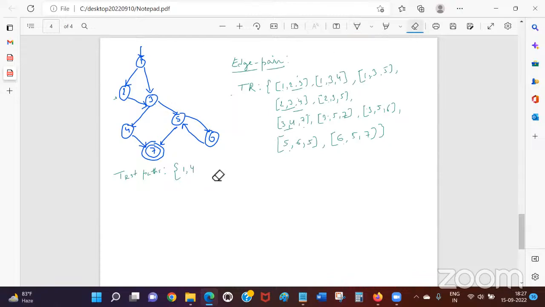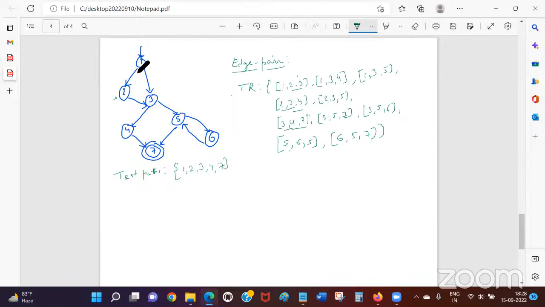Let me note it down properly. It's 1, 2, 3, then 4. Then from 4, I can go to 7, and as 7 is the end, this is the path.